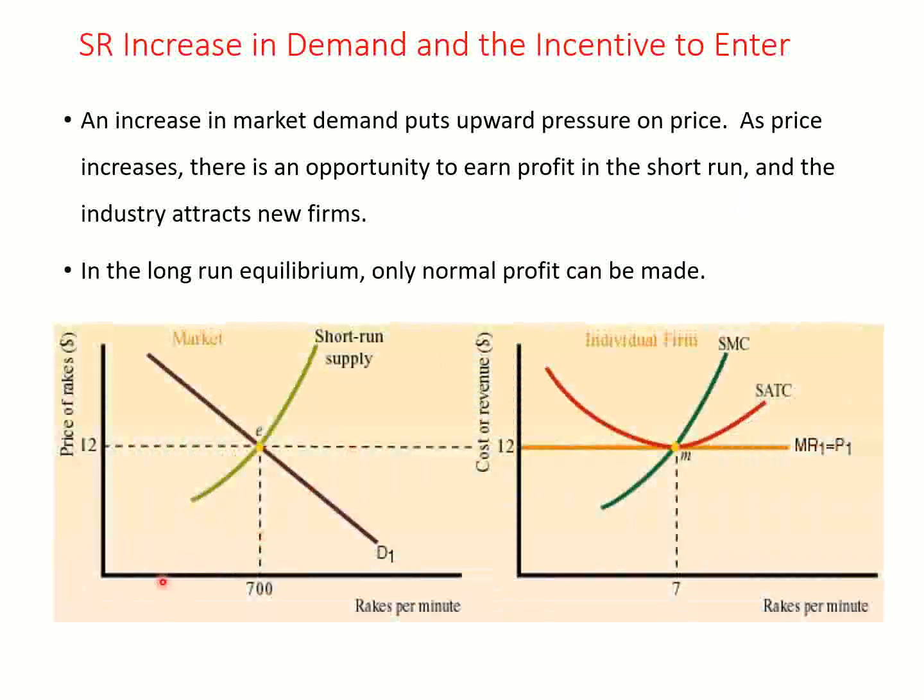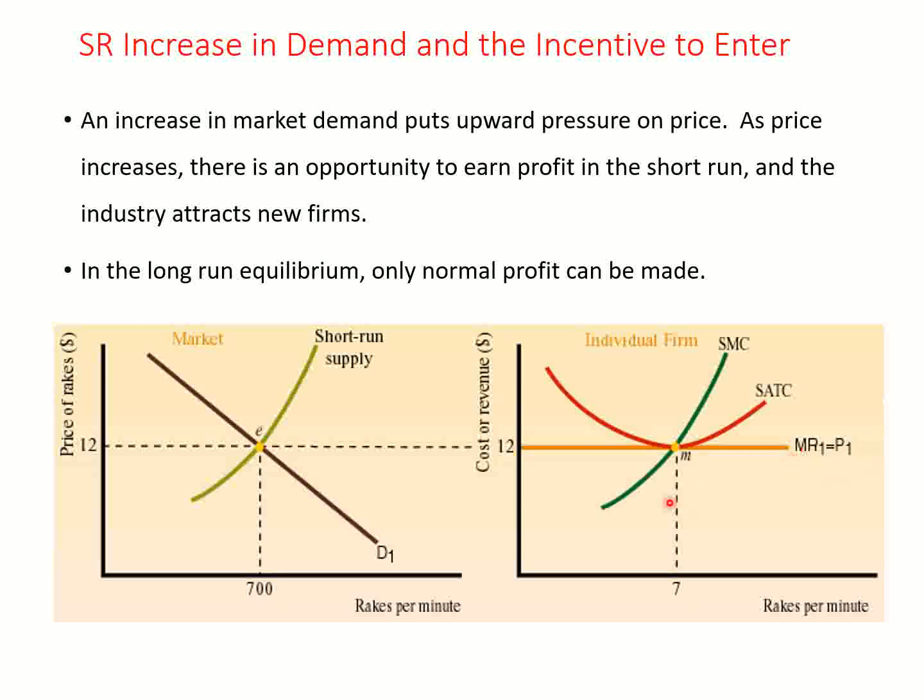Look at this. Initially, there is a market demand that's downward sloping and an upward sloping short-run supply. And this is an individual firm: short-run marginal cost, short-run average total cost, and this one is marginal revenue equals price.